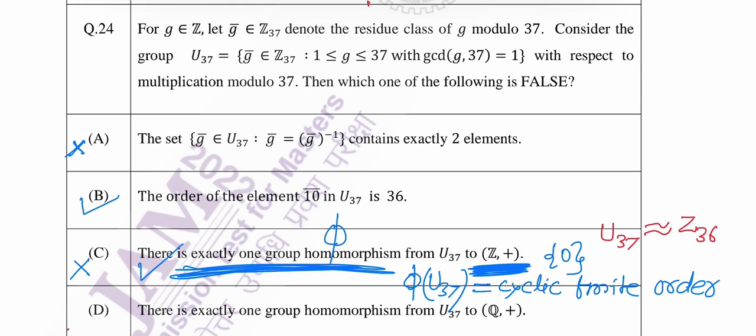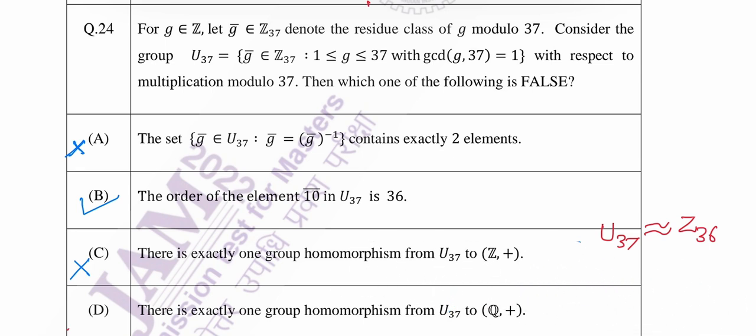Now I again erase the whole thing except the relation, and the same argument which I discussed for option C can be used for option D. In option C we had to search for a finite cyclic group in Z plus. In option D, Q plus means the set of rational numbers, and in that group also there is only one finite cyclic subgroup, the group containing the identity element.